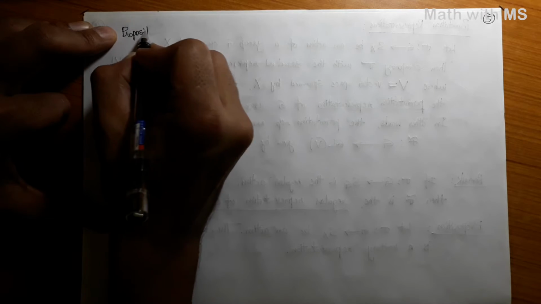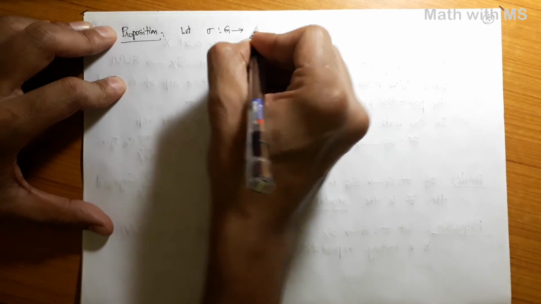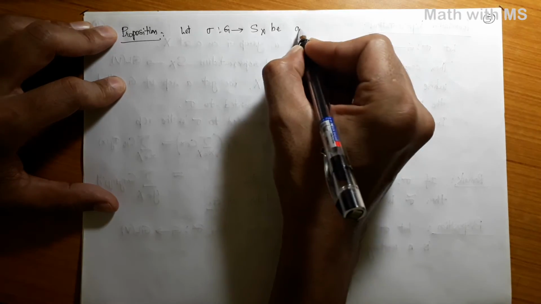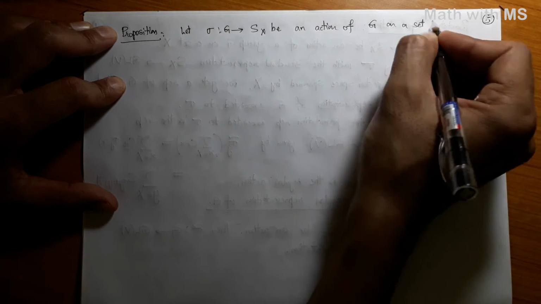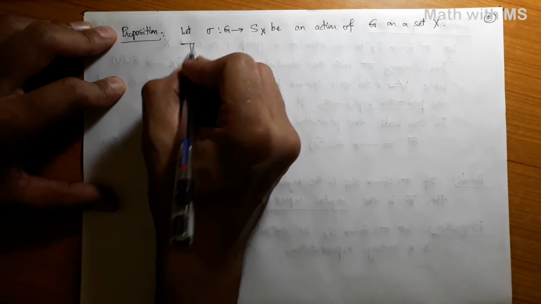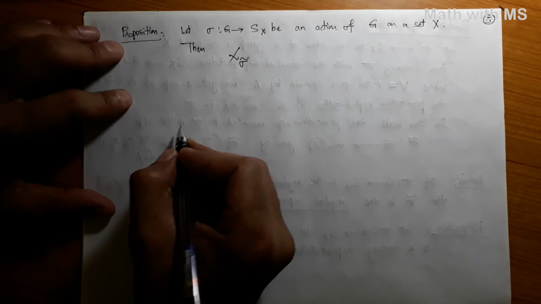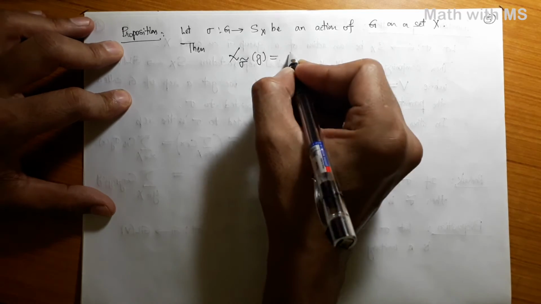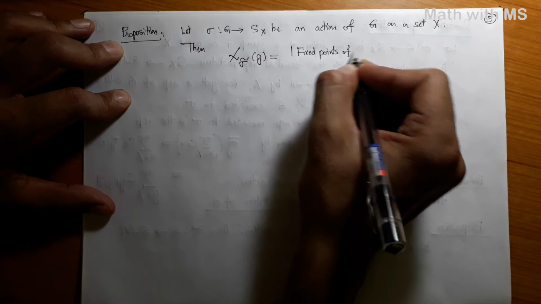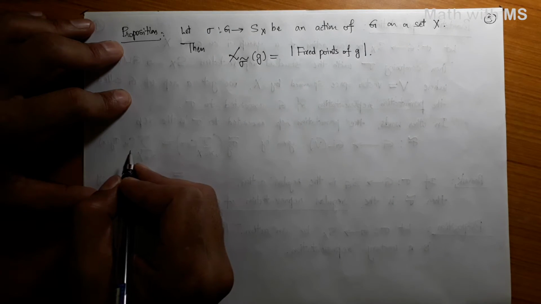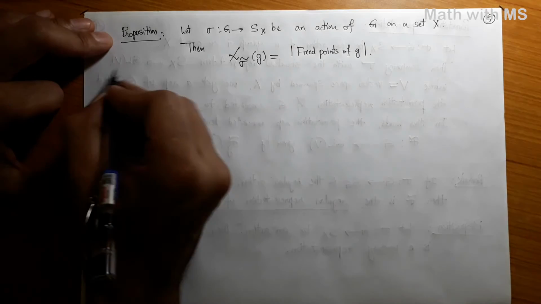So proposition: let sigma from G to S_X be an action of G on a set X. Then the character of the permutation representation sigma tilde at a group element g is precisely the number of fixed points of g. In particular, in this case, the character turns out to be real valued.